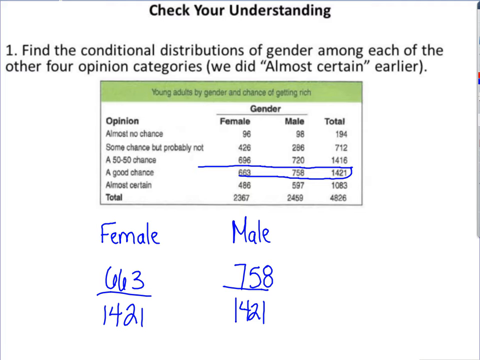And so this would be approximately 46.7% of the people who said there was a good chance they were going to be rich were females, and 53.3% were males.